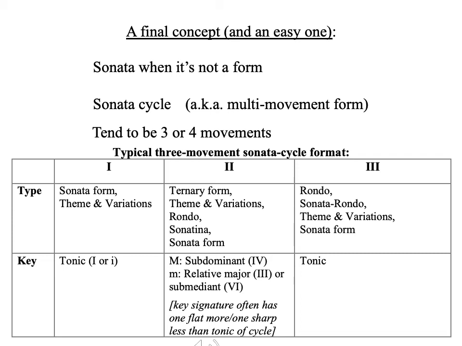So let's look at the second movement. A lot of times the second movement in a 3-movement sonata cycle is the slow movement of the 3. Composers like to write those in ternary form sometimes, or theme and variations, or rondo, which are things we'll be talking about in the coming lessons, or sonatina form, meaning that sonata without development form, or even good old sonata form again.